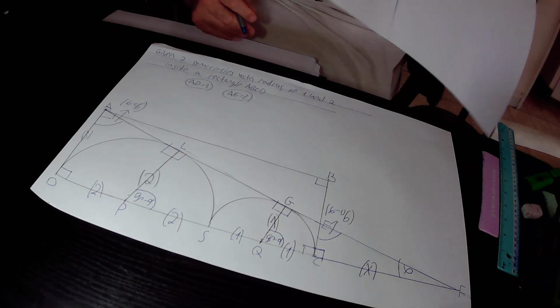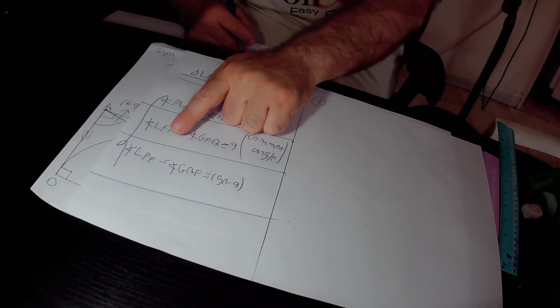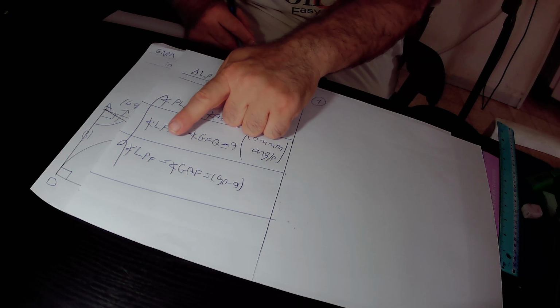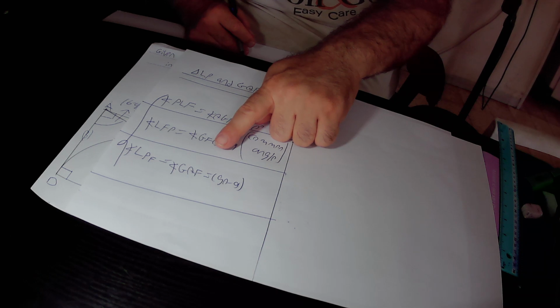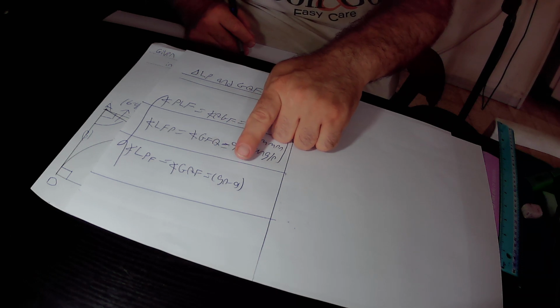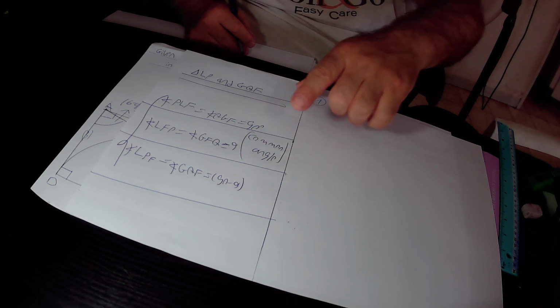So repeat again, we found out that angle LPF in the big right triangle LPF equals angle GQF in the small right triangle GFQ. They are both equal to 90 degrees minus alpha, therefore they are equal to each other.